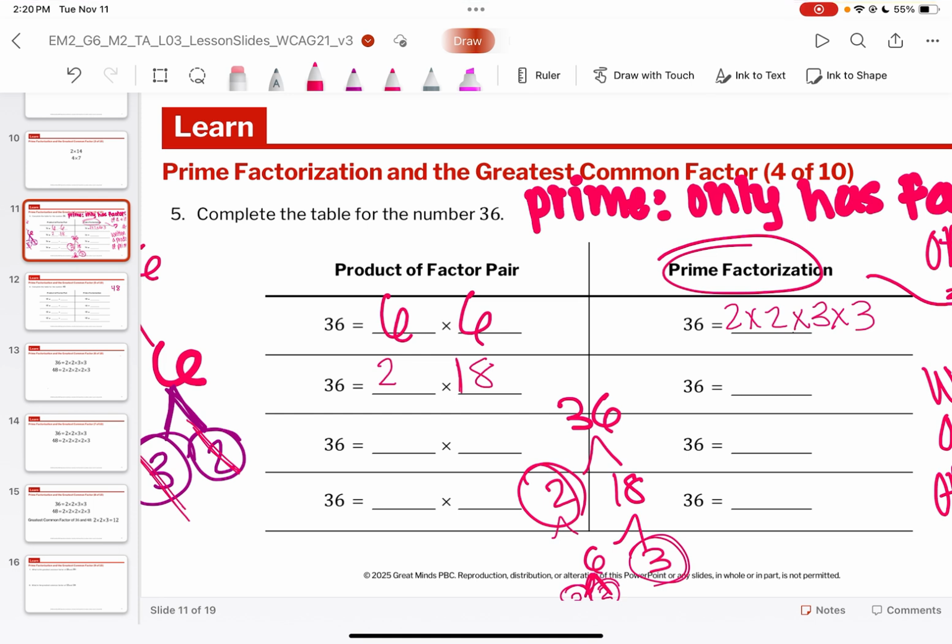Do I have 2 2s right here? Do I have 2 3s? So regardless of what factors, am I going to end up with the same answer? Yes. You only have one set of prime factorizations for every number. Okay, it's always going to be the same. So, questions so far?